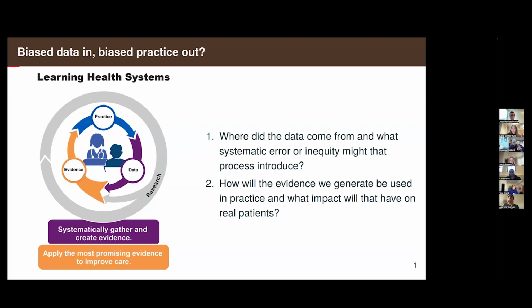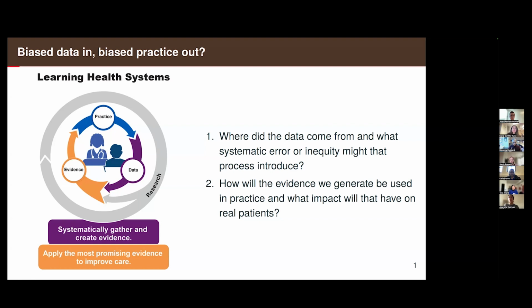When we think of ourselves as researchers, particularly as statisticians, and I think also as informaticians, we would tend to position ourselves somewhere between the end of data and the evidence and the beginning of practice. So we're taking the data that come out of the EHR, we're conducting research in them, and then we're generating some kind of results that we're going to turn over to clinical collaborators who will then put that evidence into practice.